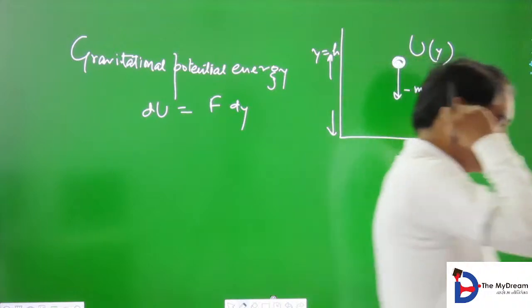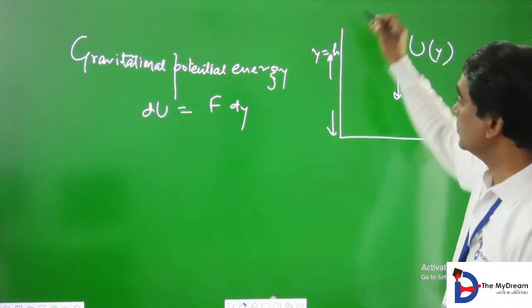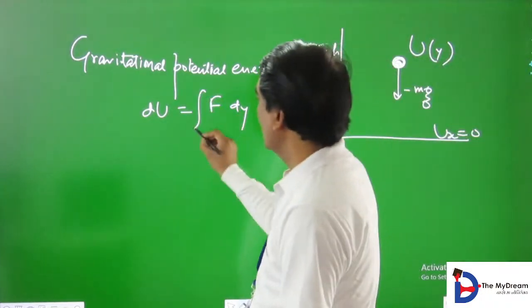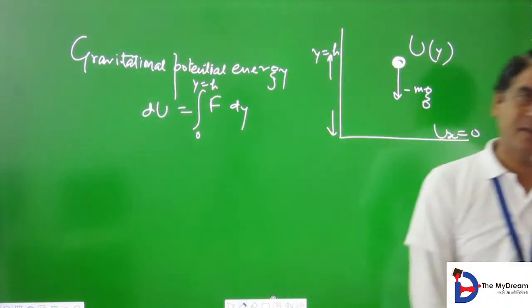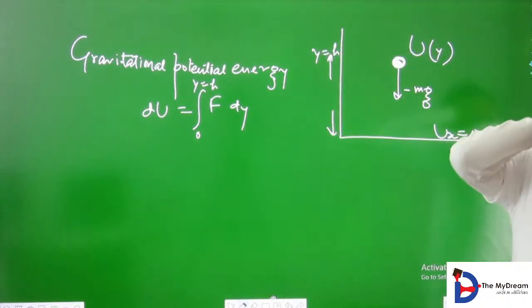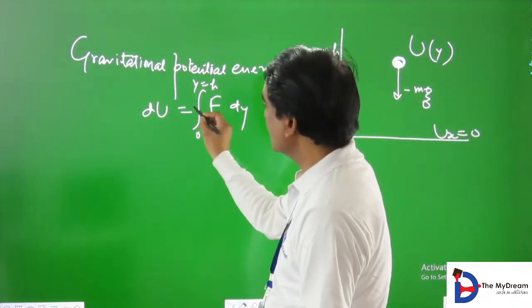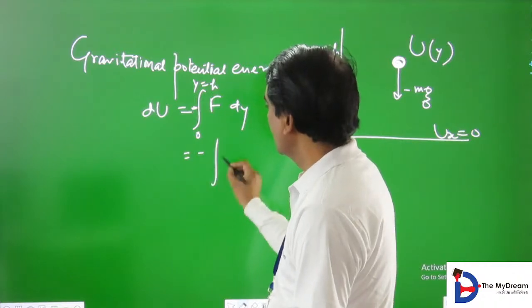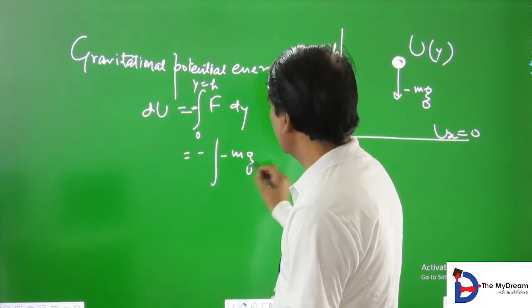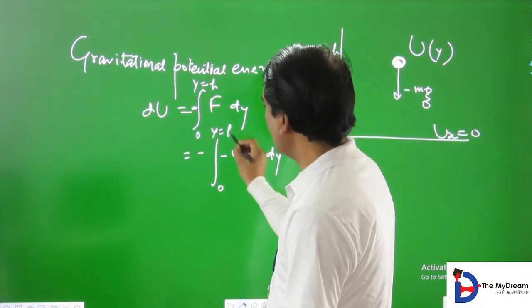There is a change in displacement from 0 to h, from y equal to 0 to y equal to h. Understand? Now, since we are discussing the system, we put a minus sign, that is minus g dy from 0 to h.